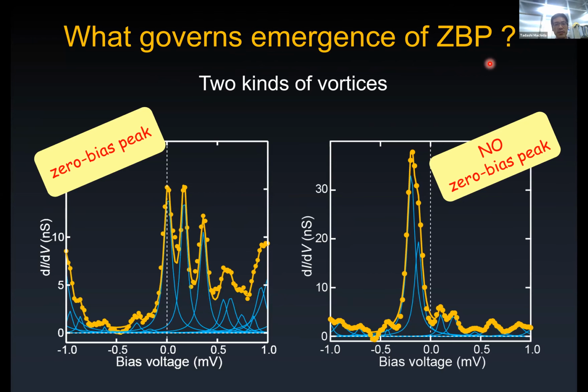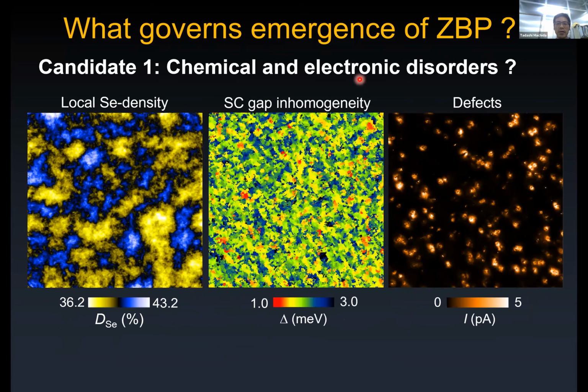One of the candidates to answer this question is the chemical and electronic disorders pre-existing even without magnetic field. For example, the local density of states, the homogeneity of the superconducting gap, and the distribution of defects or impurities.